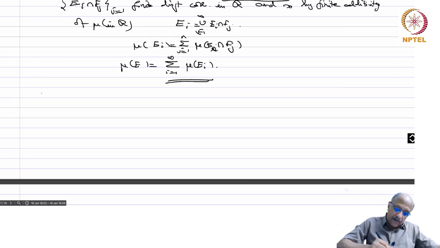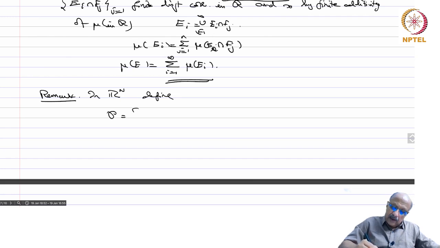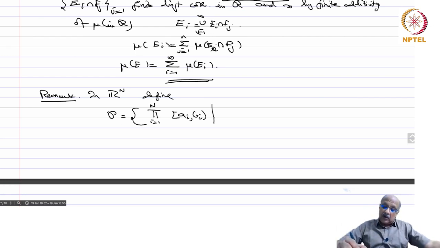So remark, in Rn define P equals the set of all products, i equals 1 to n, of (ai, bi]. So these are rectangular boxes, where for each pair of opposite sides, one side is closed and the other side is open, with ai less than or equal to bi.